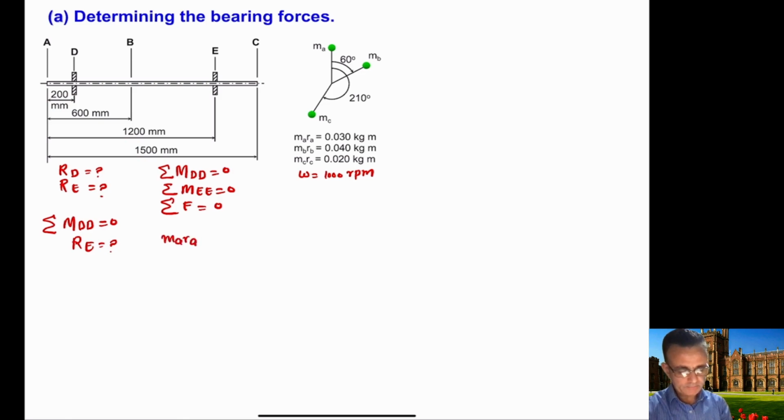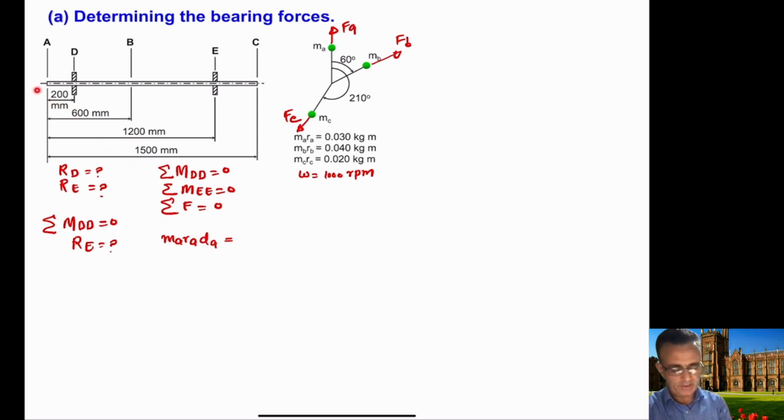So you can calculate MARA and DA. This means that you are taking the moments from location D. This is our force FA, this is our FB, and this is our FC here. So we are taking FA times DA.